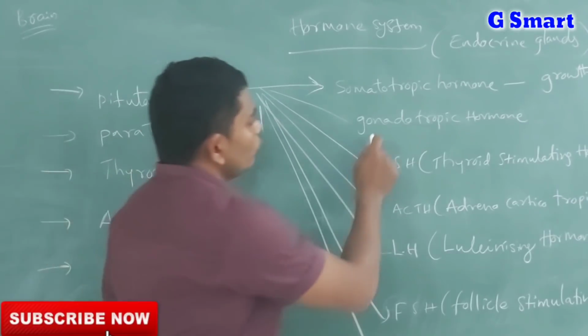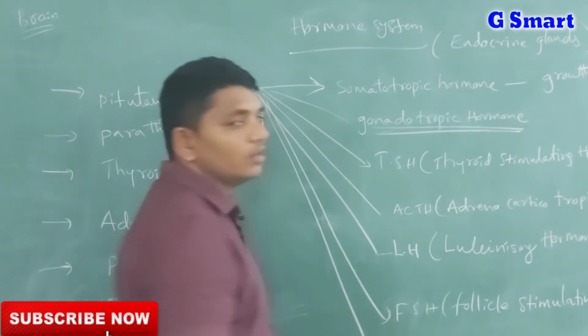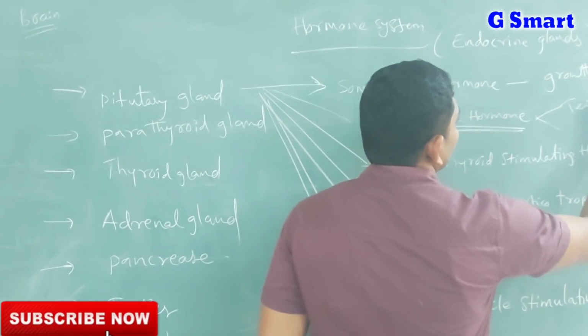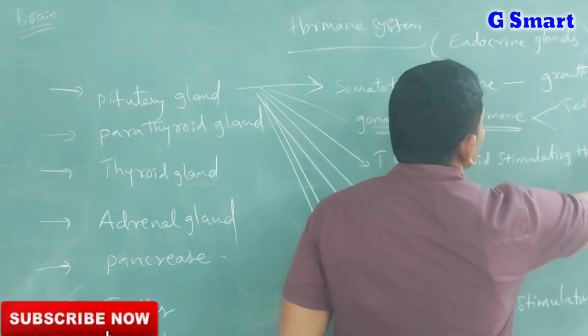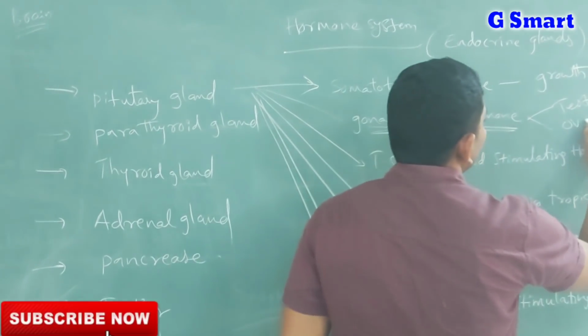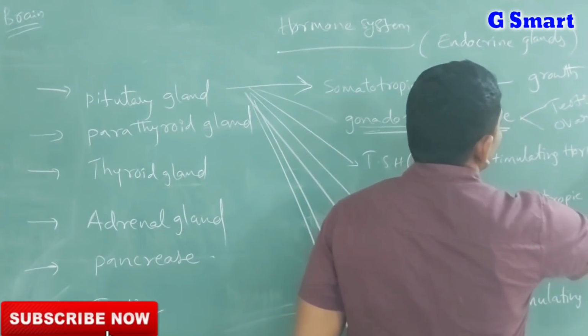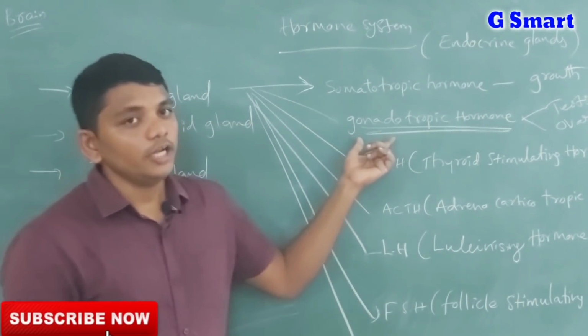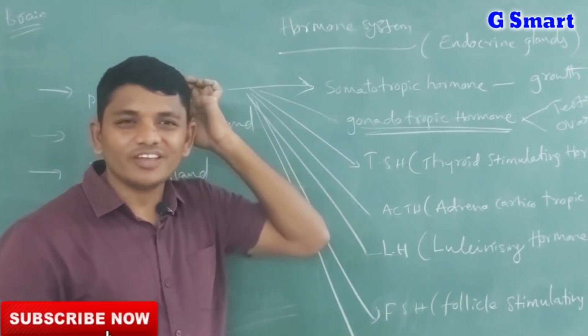And gonotropic hormone is a hormone that works on the testis in the male and the ovary in the female. It motivates the testis and ovary for their functions.